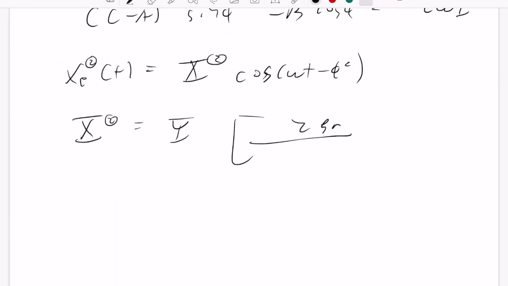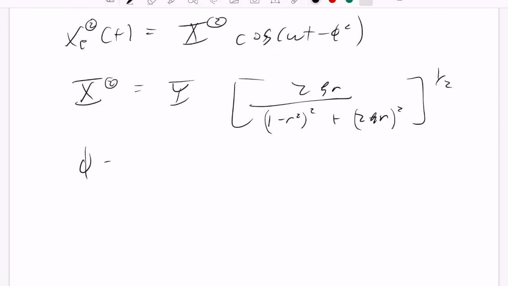Zeta r times 1 minus r squared plus 2 zeta r squared to the 1/2. And then phi 2 is equal to tangent negative 1 of negative 1 minus r squared divided by 2 zeta r. That's not a zeta. My zetas are getting worse. Zeta r. Okay?